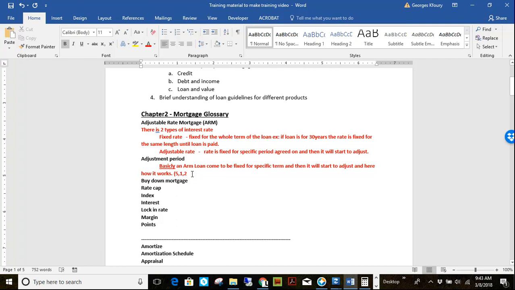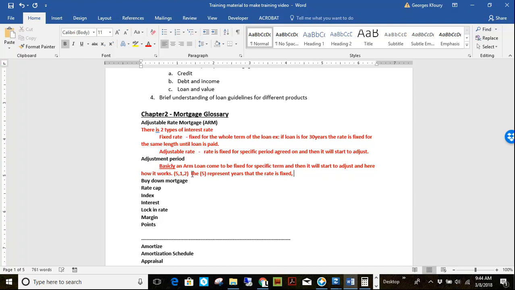What does that mean? The 5 represents the years that the rate is fixed. So for the first 5 years the rate is fixed.